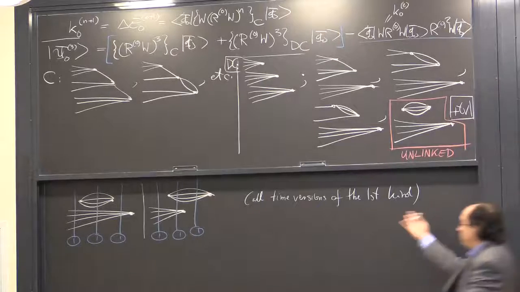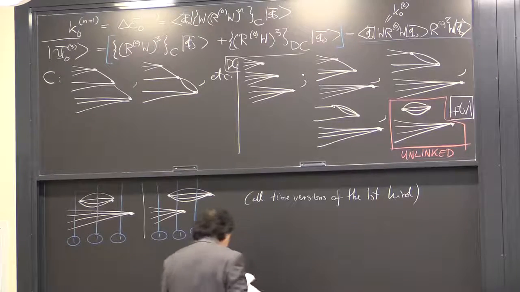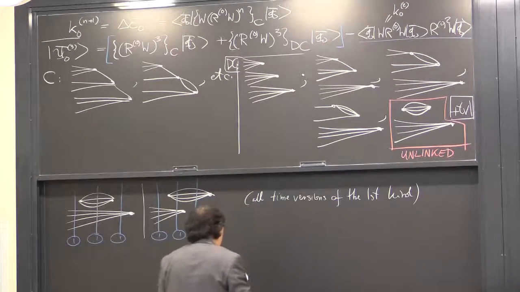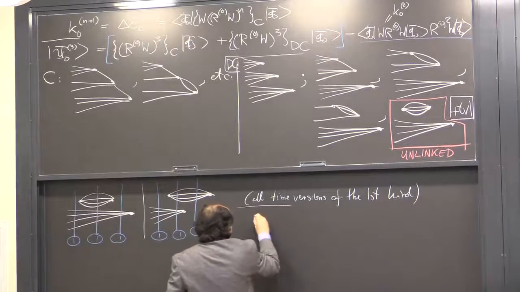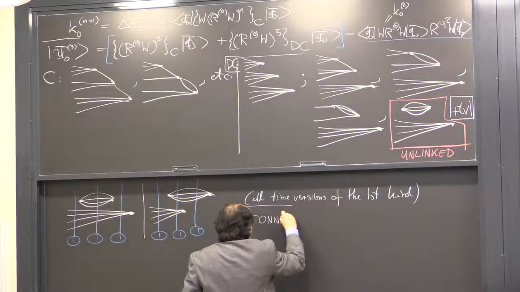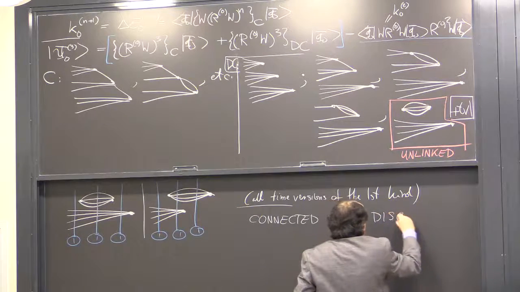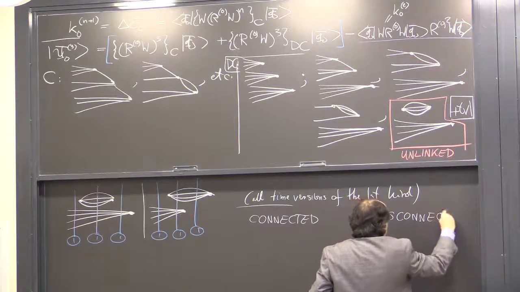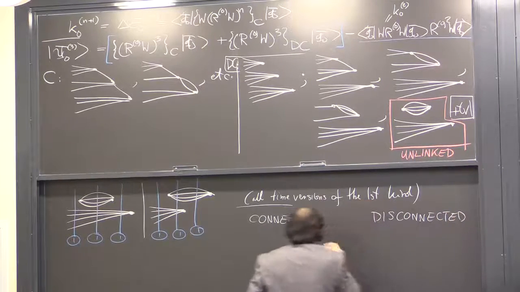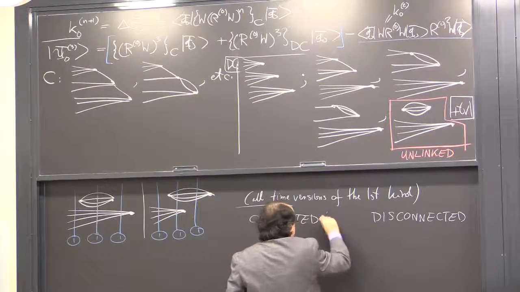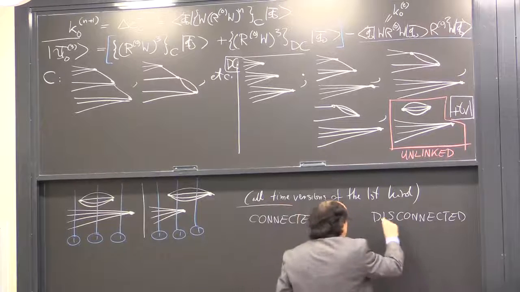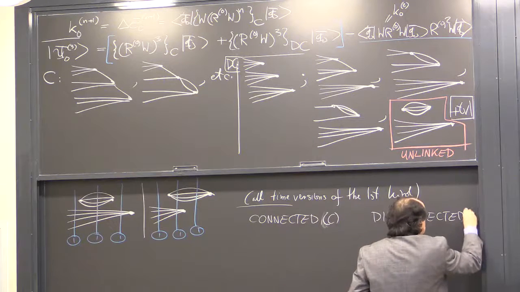So let me create a little table that emphasizes these relationships. In general, let's write here connected diagrams, and here disconnected diagrams, which we abbreviate by C, and for disconnected we use the symbol DC.